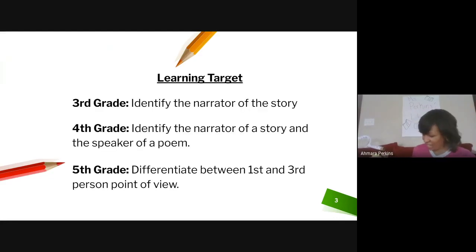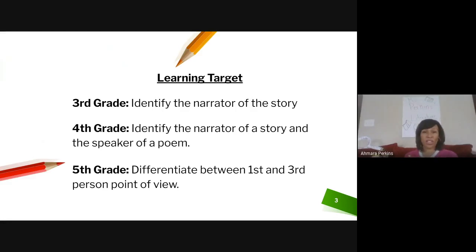These skills are going to cover third grade skills, fourth grade skills, fifth grade skills, and I didn't include this on here, but it really goes into sixth grade skills. At our foundational level, we're looking at a narrator of the story. Then we're thinking about the narrator of a story and the speaker of the poem and discerning the two. Then we're thinking about differentiating between first and third person point of view, okay?